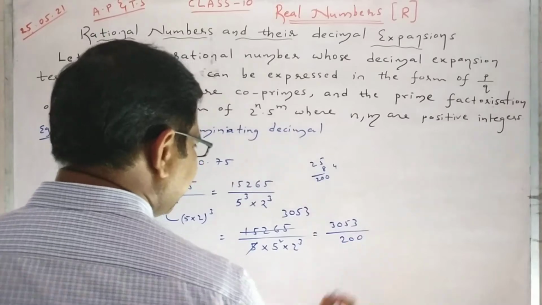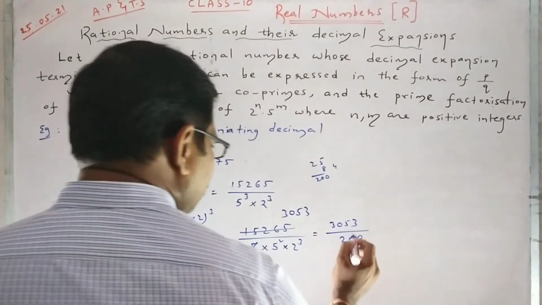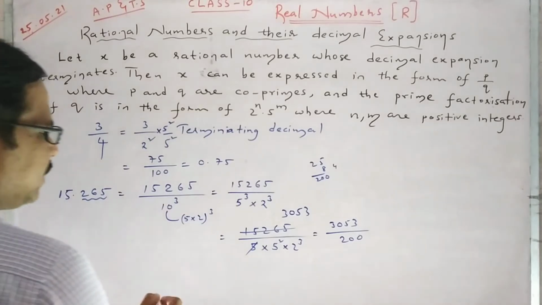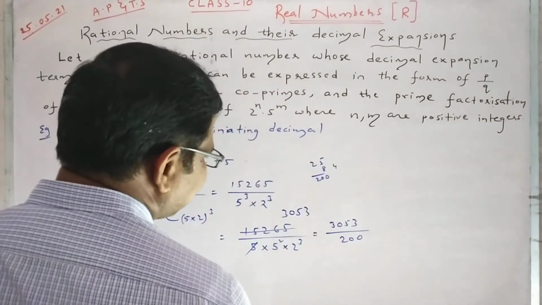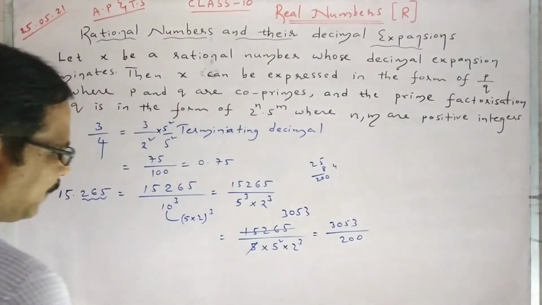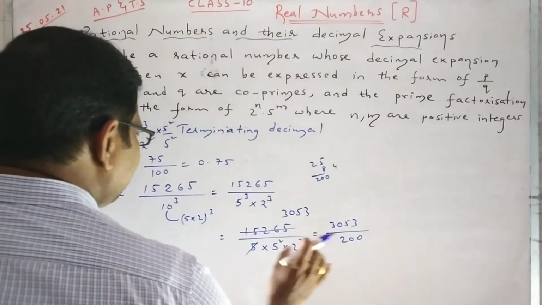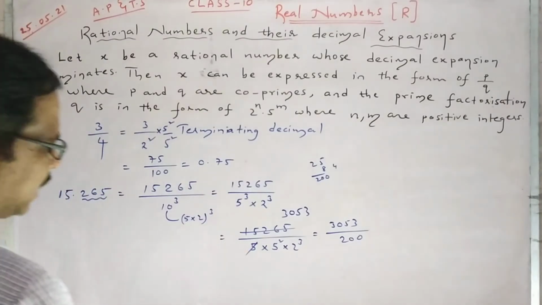So there is no other cancellation, right? So these two must be co-primes. That means relatively primes. There should be no other factor other than 1 and itself. Okay. So this is the P by Q form of the given expansion.